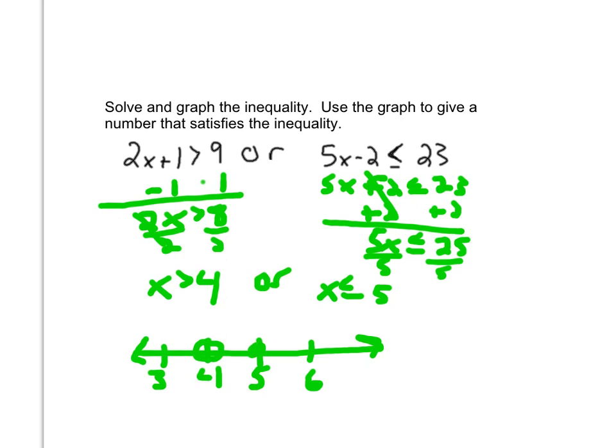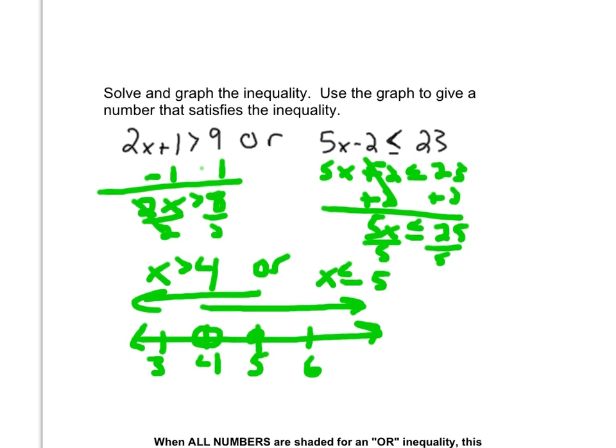Okay? Well, x is greater than 4, that's this way. Or x is less than or equal to 5. That's got to go this way. Remember, it's one or the other that are solutions of these. Well, if it's one or the other, I've got an arrow that goes here and goes all the way this way forever. So everything over here is a solution, and everything over here is a solution. That means that I've got an or inequality where the shadings intersect.